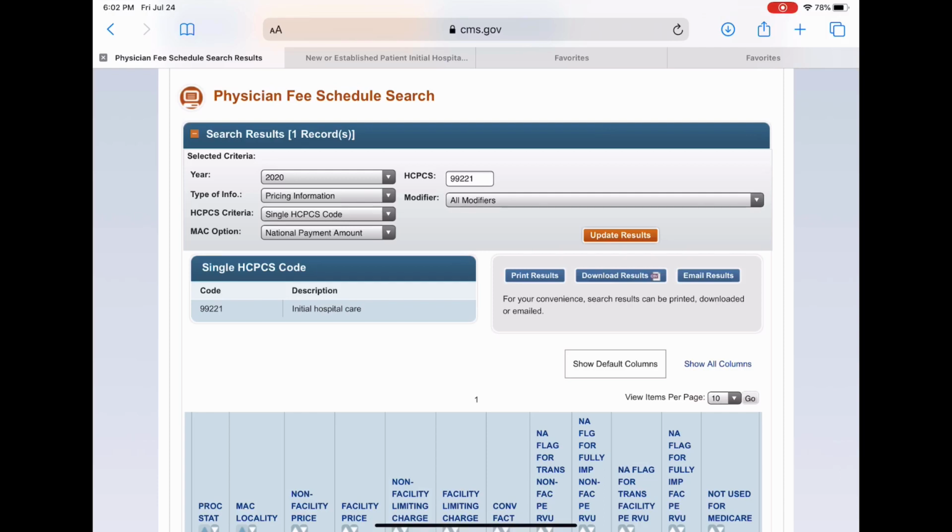So the good news, there's always good news. And the good news is that this is a super easy problem to fix. All you have to do to fix this problem is remember when you're admitting a patient to the hospital or to OBS. We didn't even talk about observation and how much money you might be losing with your OBS patients.